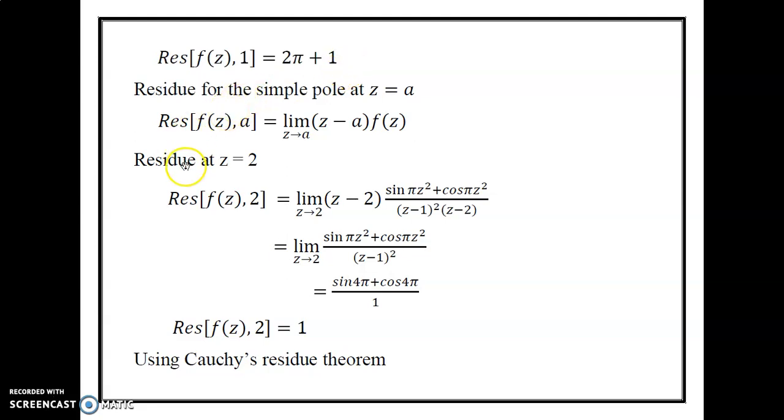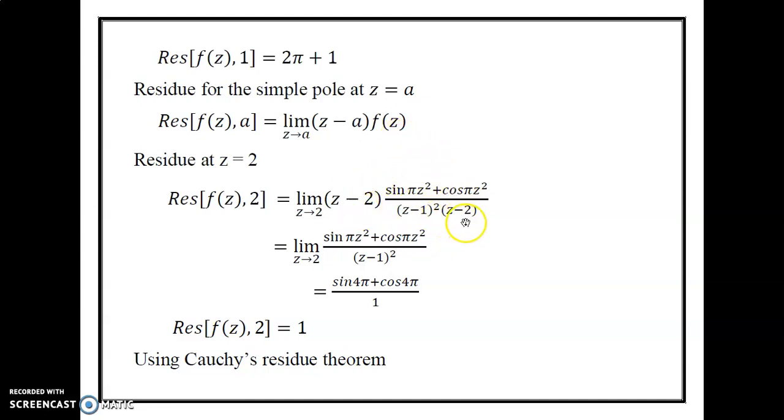Next, to find the value of the residue at the point z equal to 2, it is a simple pole. We know that the residue for the simple pole at z equal to a is limit as z tends to a of (z minus a) into f(z). To find the residue at z equal to 2, take limit as z tends to 2 of (z minus 2) into f(z), the given function.